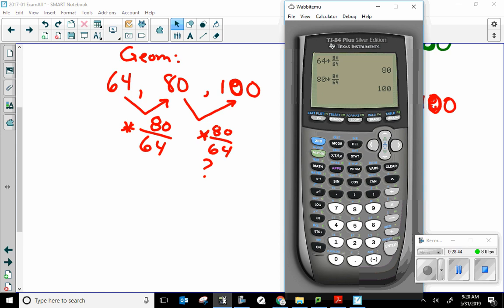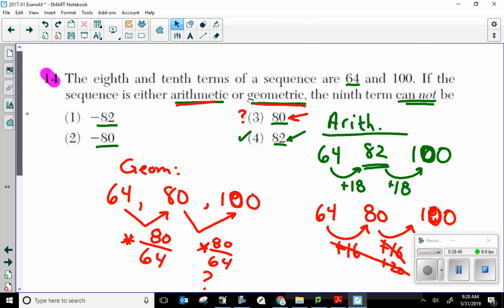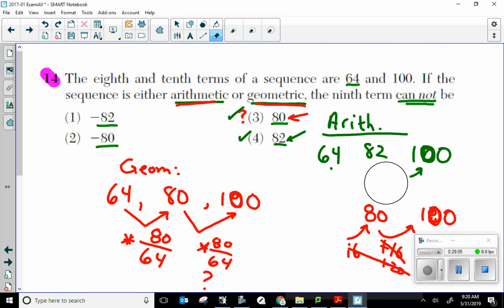Okay, so 80 actually works, because remember, it has to work in either one or the other. Wow, look at us go. Let's keep on working. All right, so now it's either negative 82 or negative 80. First of all, I know that those should never work in this arithmetic sequence.